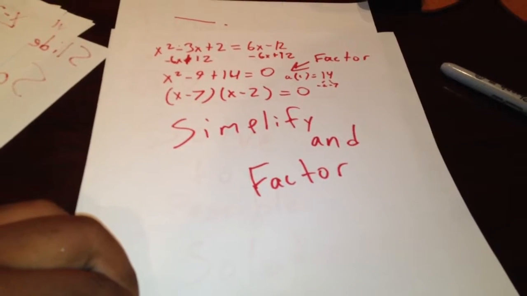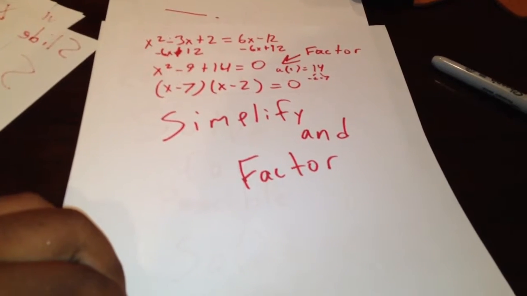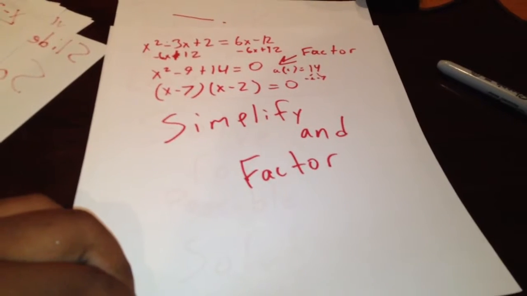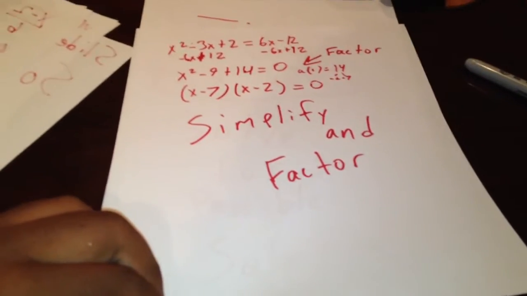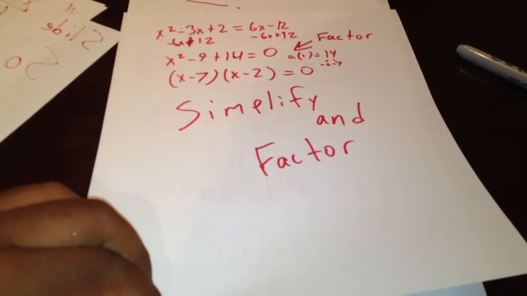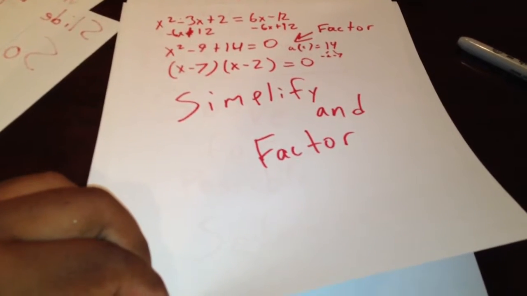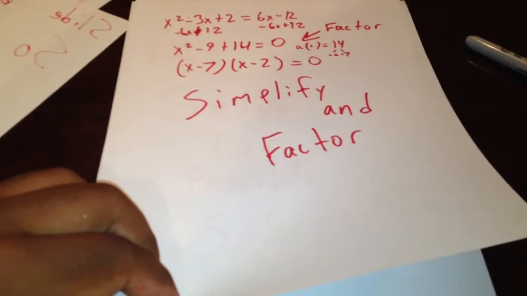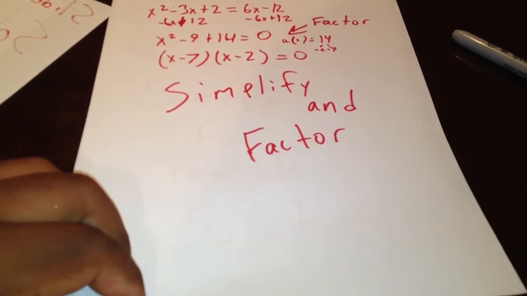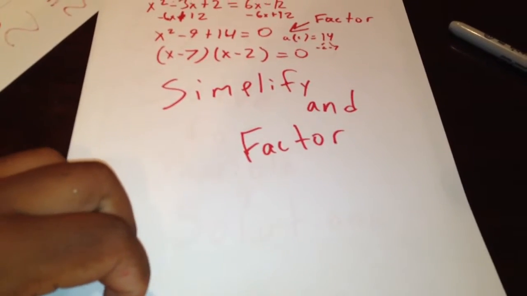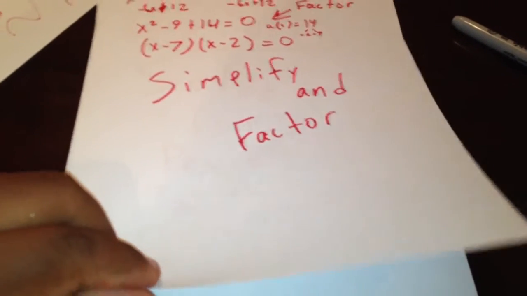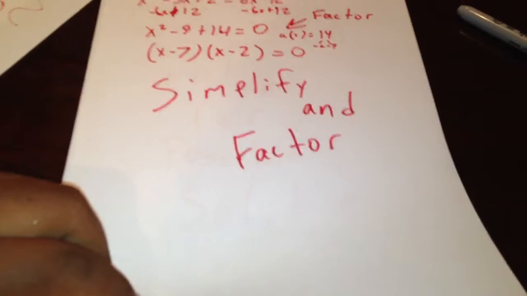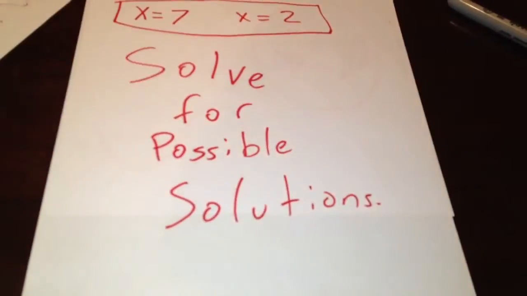For this next part, you will simplify and then you'll factor it. And we'll simplify it and we'll get x squared minus 9x plus 14 equals 0. And then you factor that by using factoring when a equals 1, and it'll give you the factors x minus 7 and x minus 2 equals 0.